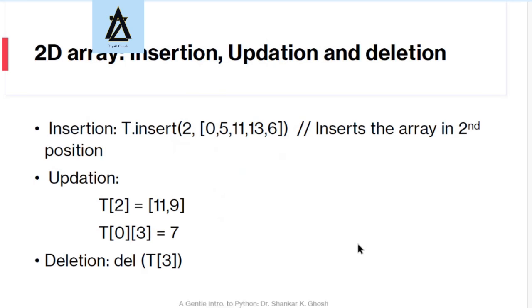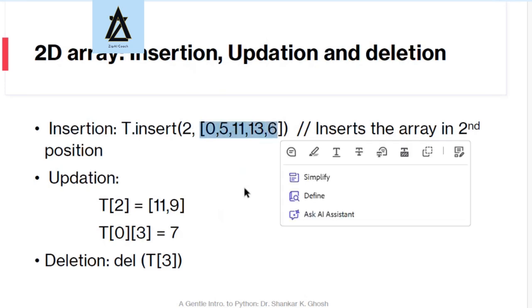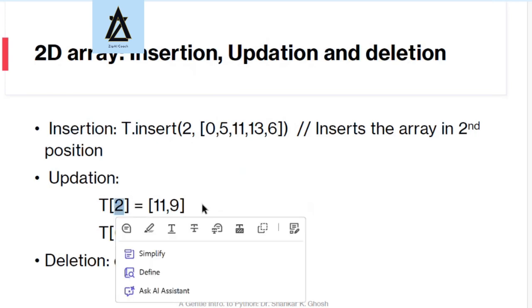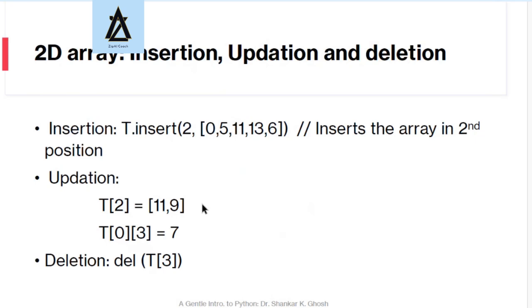So insertion, updation, and deletion are very similar to the 1D array. If you write T.insert with this one, that means you want to insert this array in the second position. Now updation. If you write T[2] equal to something, that means you want to replace the second array using 11.